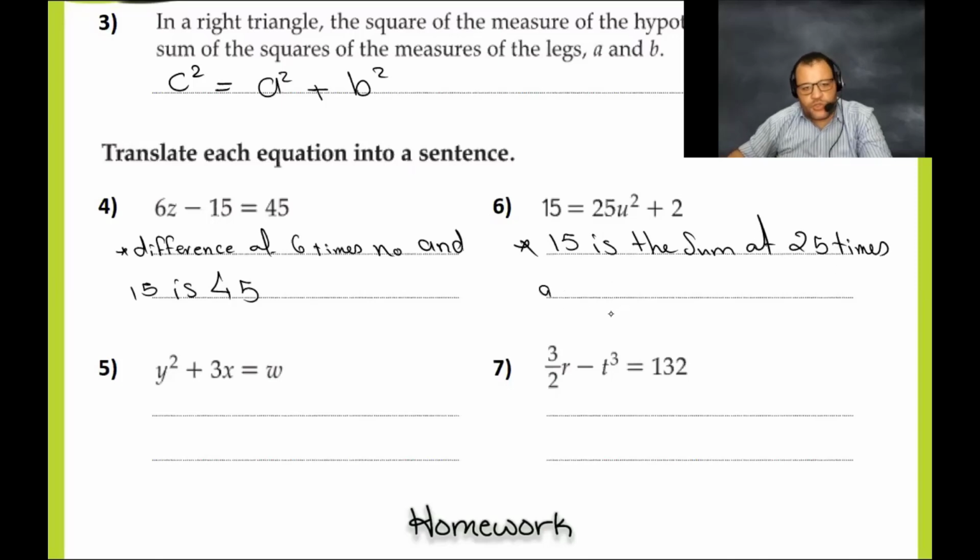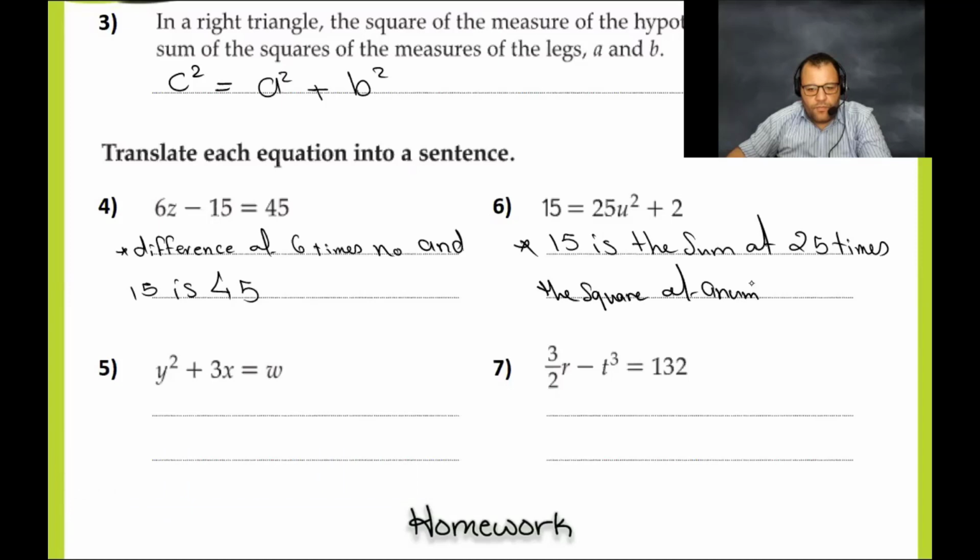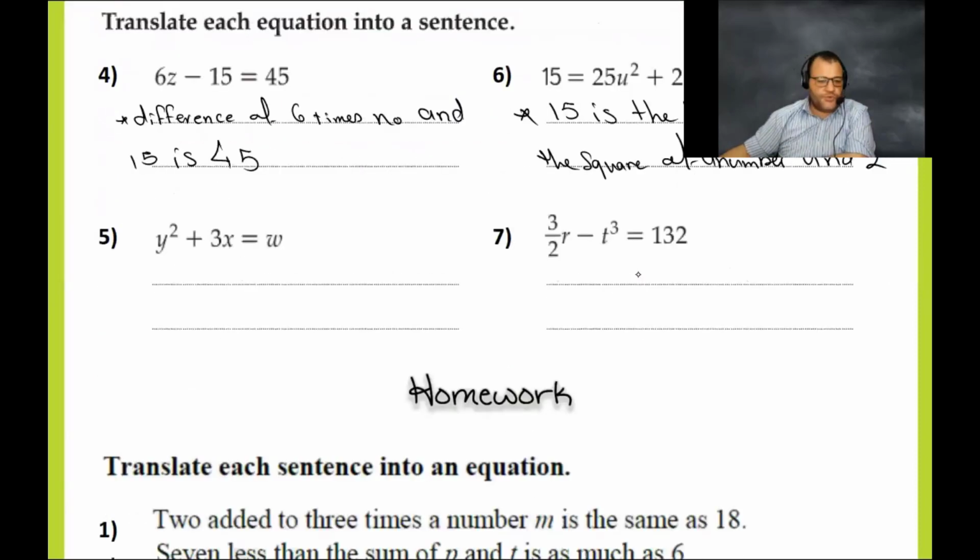A square of a number or a number squared, no problem, the same meaning. And 2, not plus, because you say the sum. Don't say the sum and the plus. The sum means we have an operation, the addition operation.